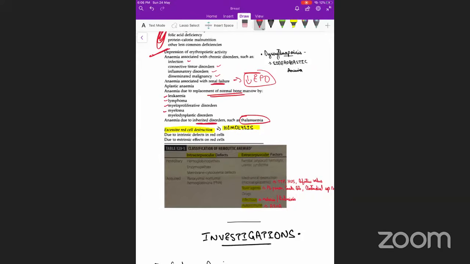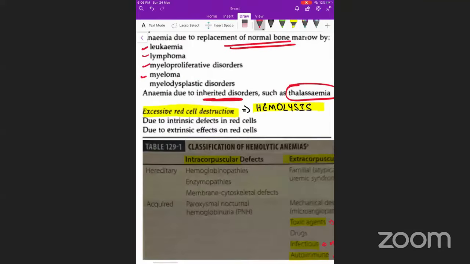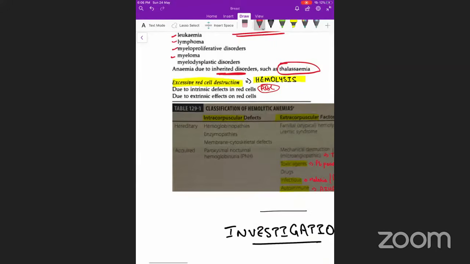Then in the periphery, it is due to excessive red cell destruction. It can be because of an RBC structural defect, or it can be due to other causes. So that is what we call intracorpuscular. If it is a structural defect like hemoglobinopathies, enzymopathies, membrane cytoskeletal disorders, nothing but hereditary spherocytosis, all those things.